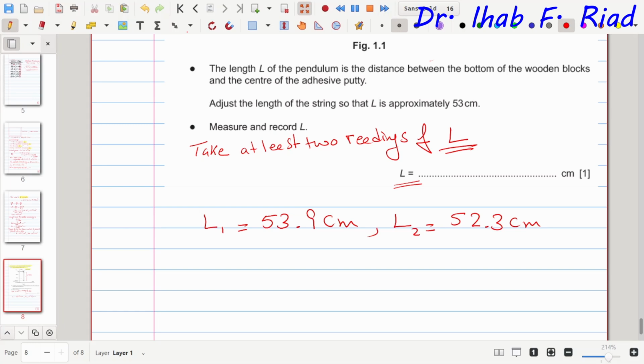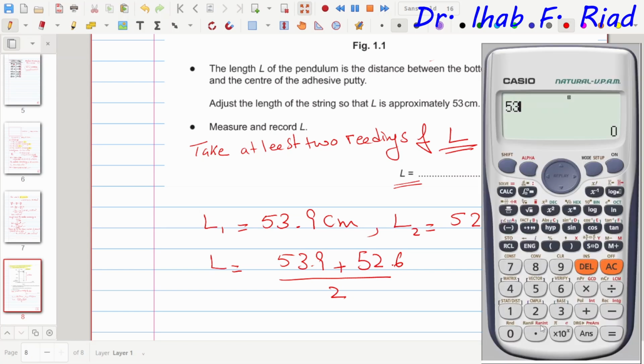Then which L are we going to report? What we are going to report is L the average. 53.9 plus 52.6 divided by 2. Okay, let us do the math.